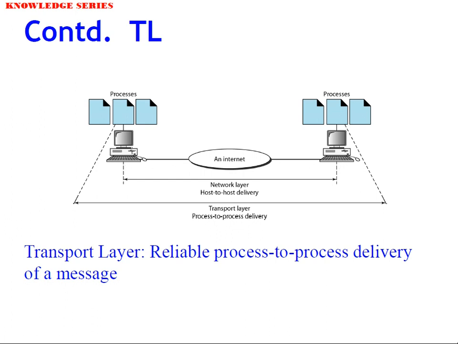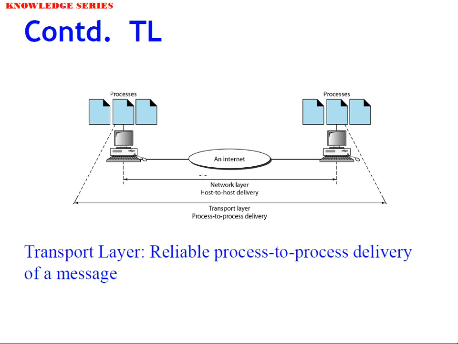Initially the figure shows that computers are connected through the internet. So this computer will have a network address. This computer's network address will be used to identify the network address of the destination system, and thereby it has to deliver the message.